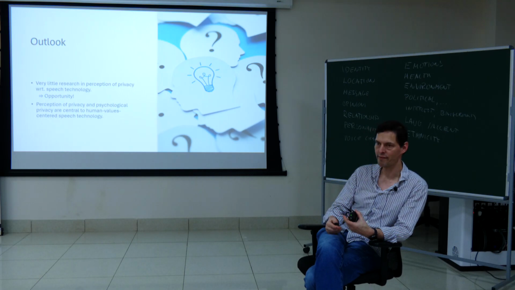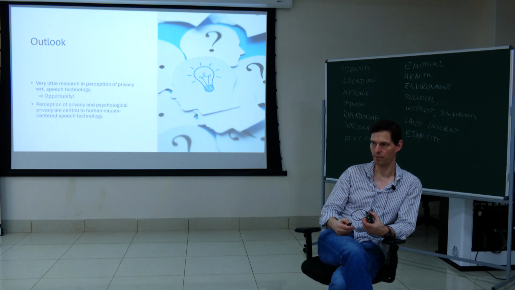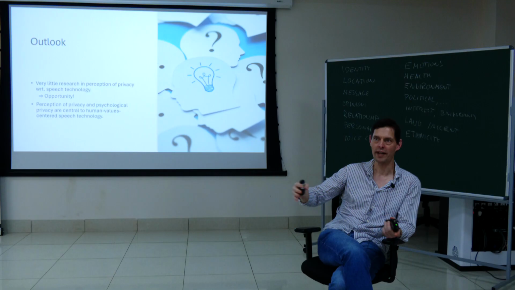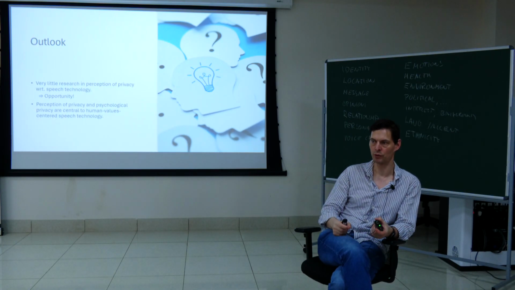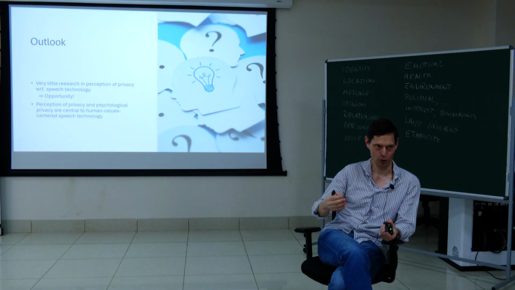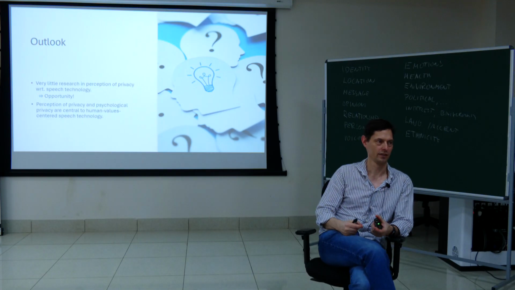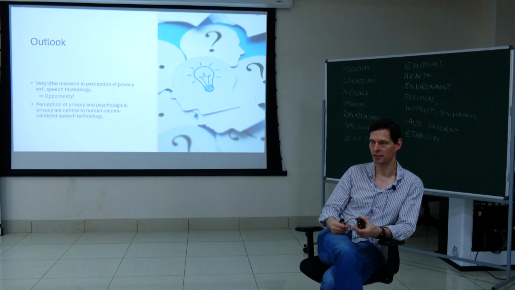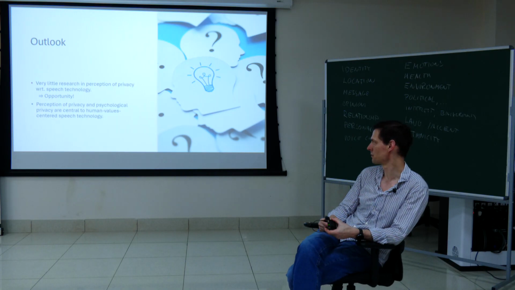And I would claim that that's one of the central things to human values-centric speech technology. It's not the only one, but quite many components somehow relate to privacy. For example, trust issues, which we'll talk about tomorrow. To be able to trust, you need to have privacy. Period. So in that sense, it's one of the building blocks for good systems.